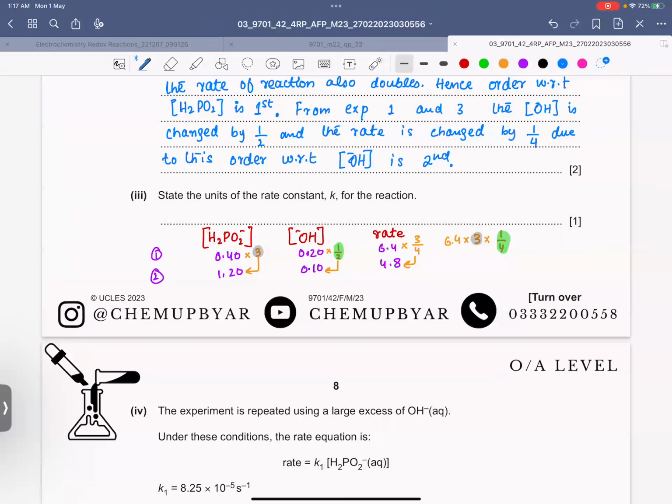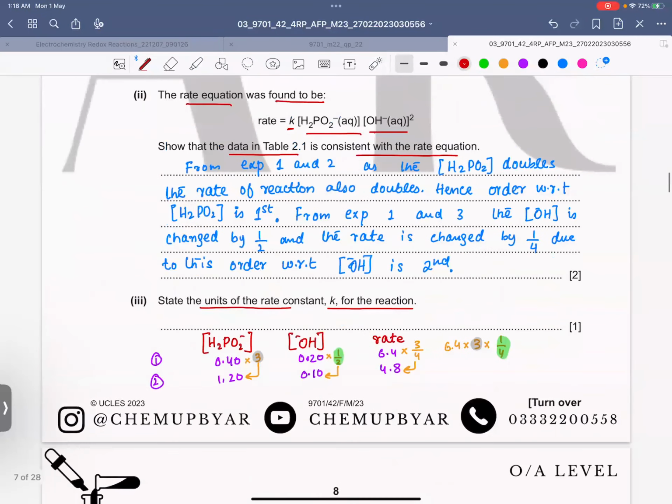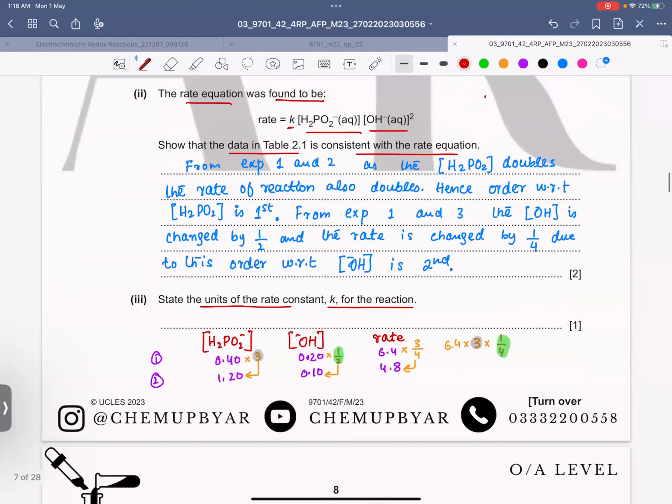Now, state the units of the rate constant k for the reaction. Okay. To find k, let me work over here. Rate equals k times concentrations. The rate unit would be mole per dm cube per second.